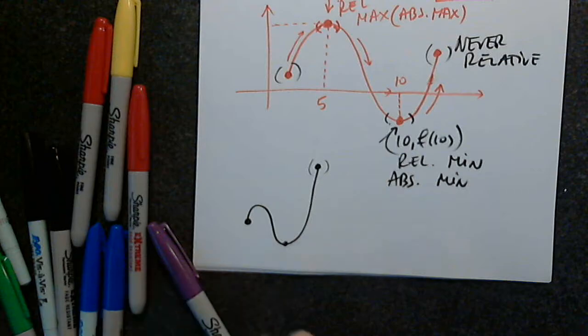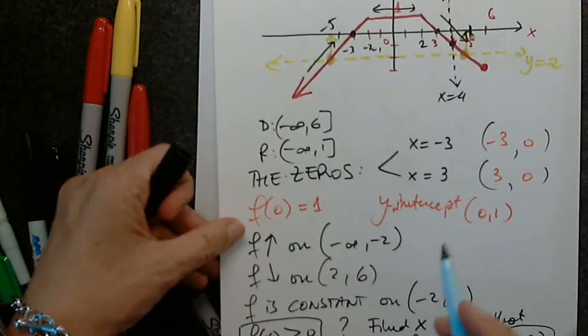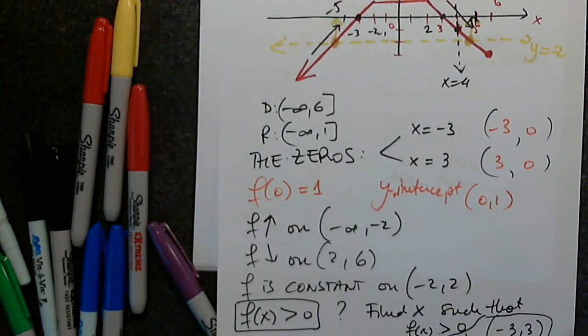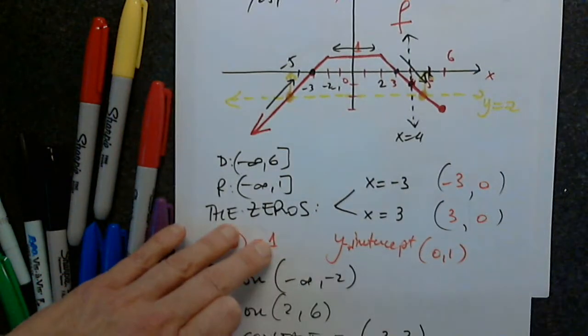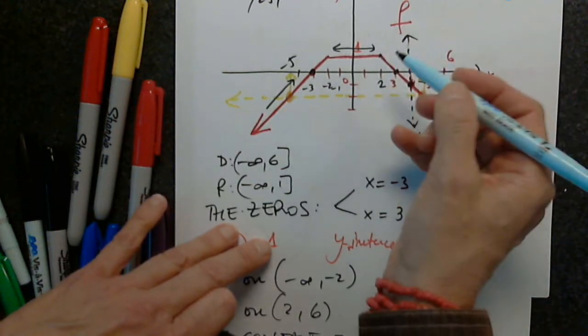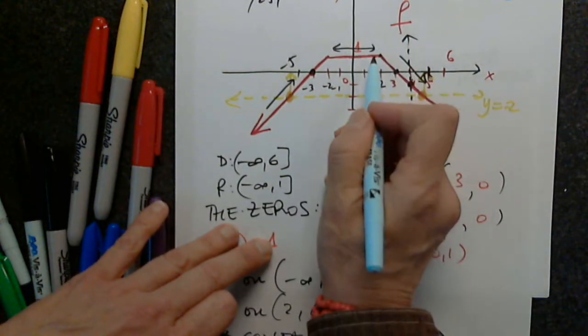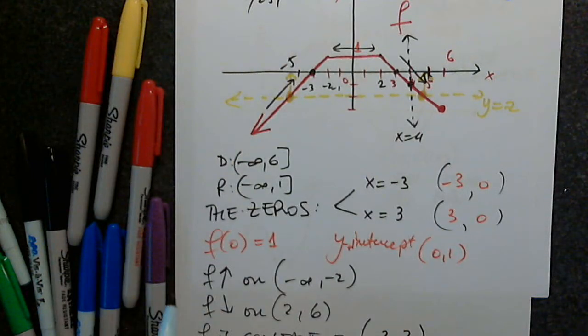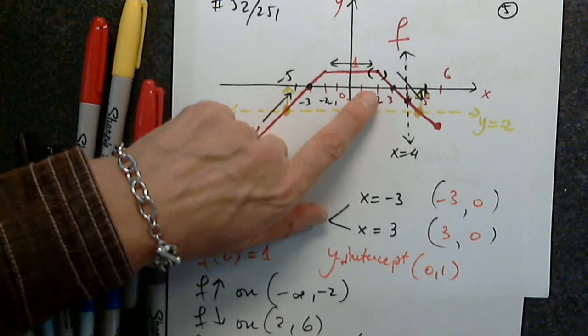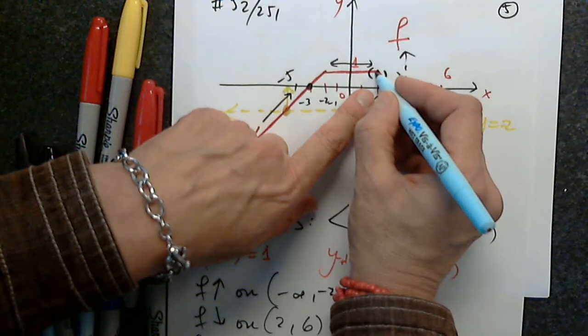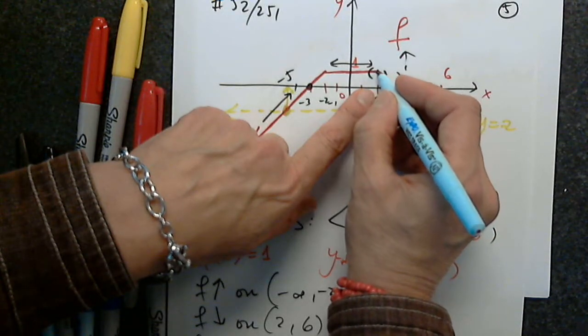Okay, so now the final question. They say, is f of 2 a relative max? In some books, the equal symbol is accepted for relative max and min. In this book, the equal symbol is not, meaning that they want to show that this is not a relative max because these values here are at the same level with this.